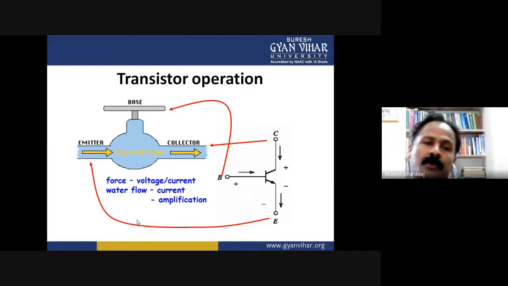In a very similar way, the emitter is continuously giving, it is regulated or controlled by the base as a valve, and through the collector we collect it. So the analogy is: force is voltage, water flow is current, and the valve gives current amplification.